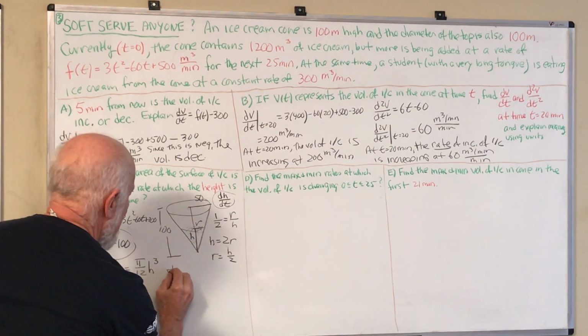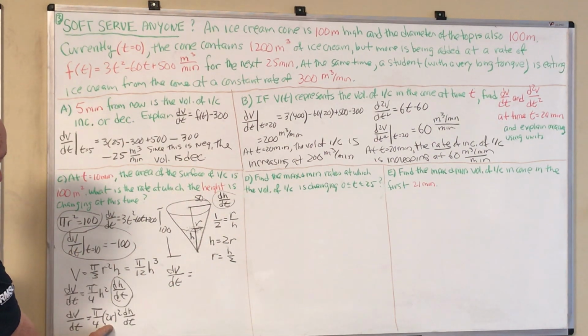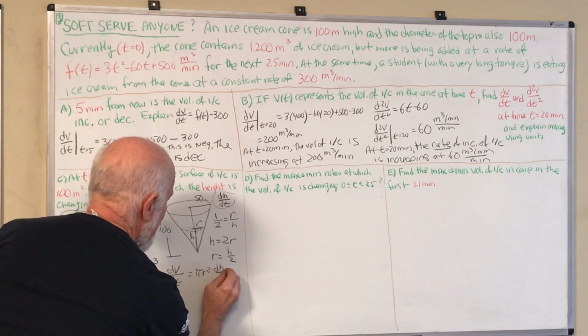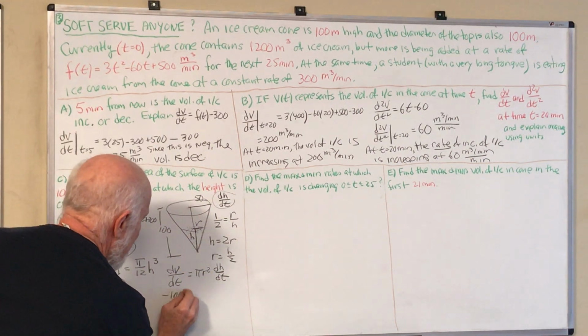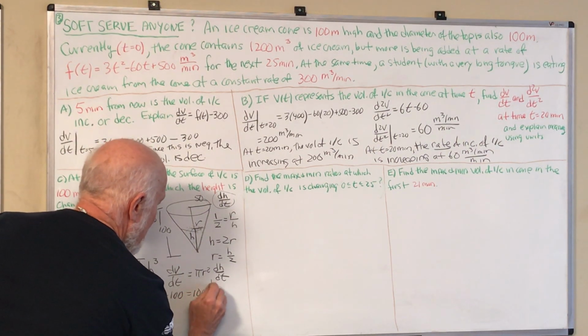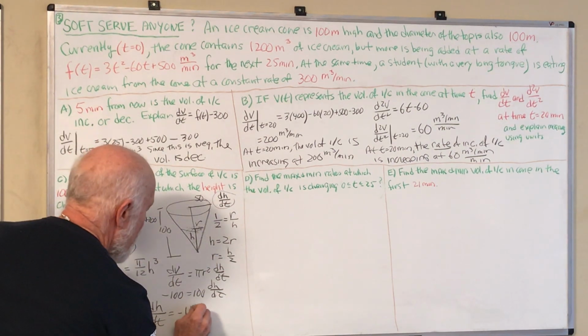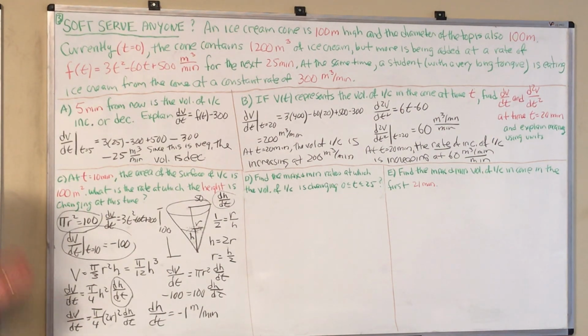So altogether I get dV/dt. The 4's cancel, so I get pi r squared times dh/dt. Well, now we can do it because we know dV/dt is negative 100. We know that pi r squared is 100. So what do we know? dh/dt is negative 1. And it would be in meters per minute. So at that point in time, the height of the ice cream is still going down.